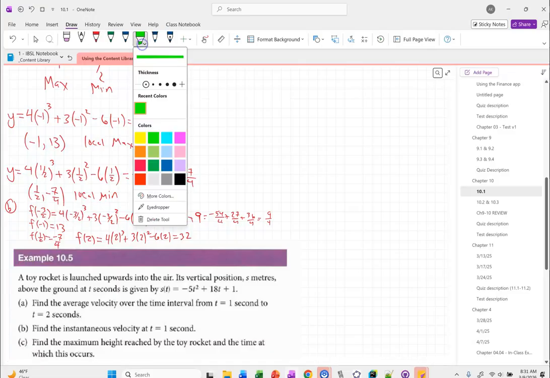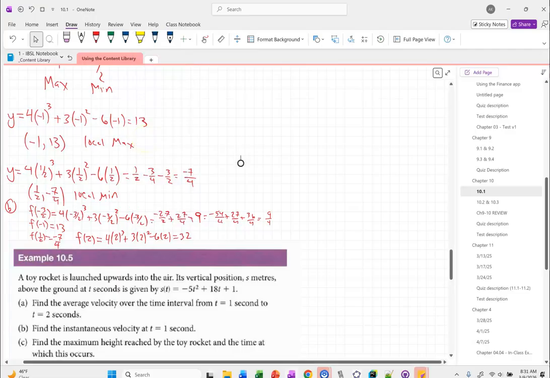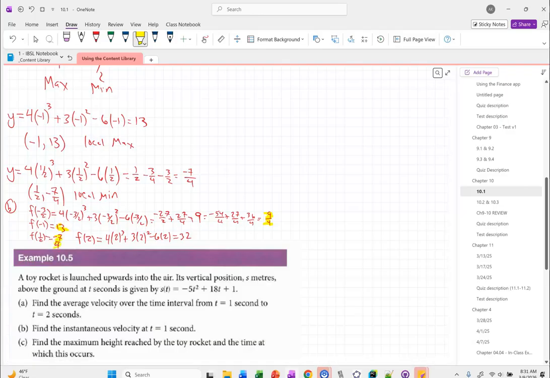So what I want to do now is look at these values. Which one is the biggest? Between 9 over 4, 13, negative 7 over 4, and 32. 32. So what that tells me is that my absolute maximum is at 2 comma 32.